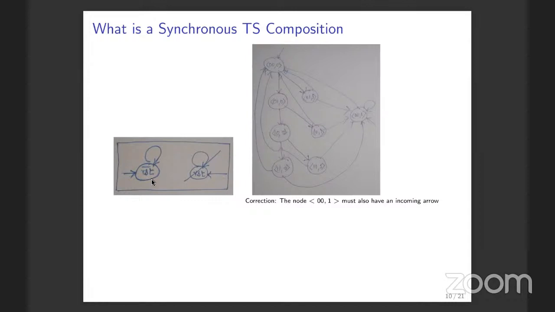The question I'm raising is, how do I compose these two systems, assuming that the composition paradigm we're using is a synchronous paradigm, in which both systems are changing under the control of a global clock.